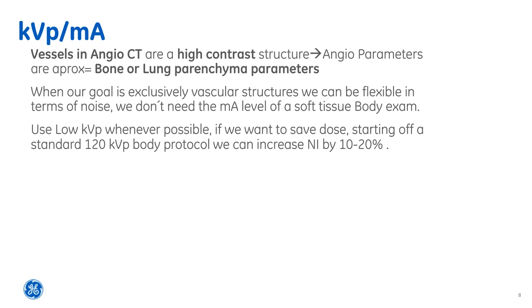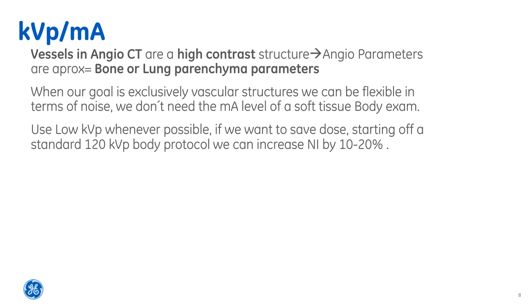So if we're solely looking at vascular structures, we can have a lower dose, which is obviously going to increase the noise, but we're not interested in the differentiation of the soft tissue structures because we're looking at a structure that's going to have contrast added to it via the contrast media, so we're going to be able to see that.